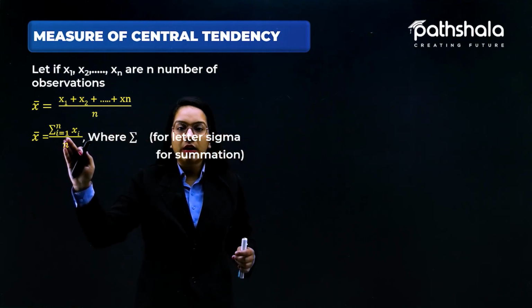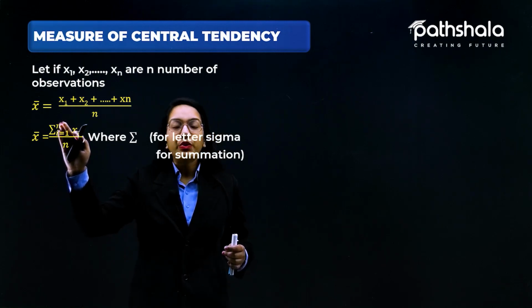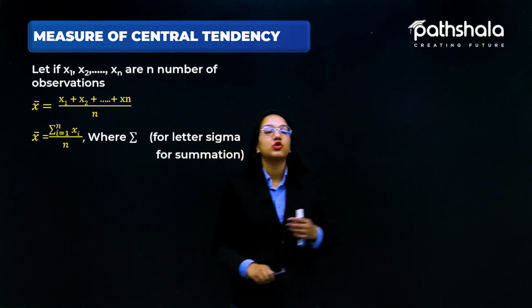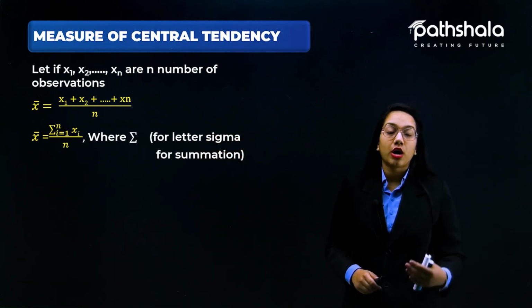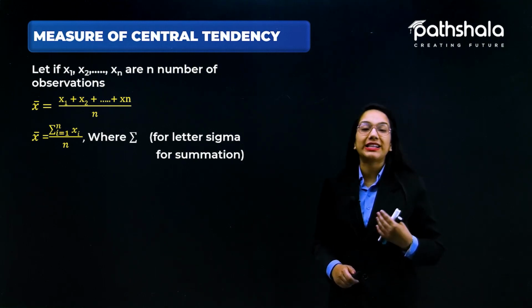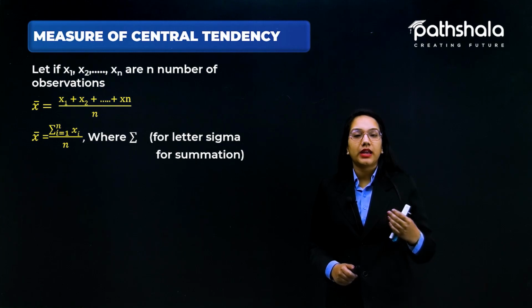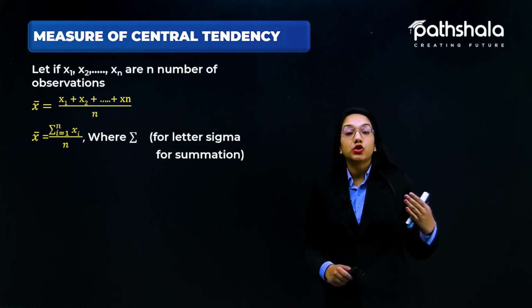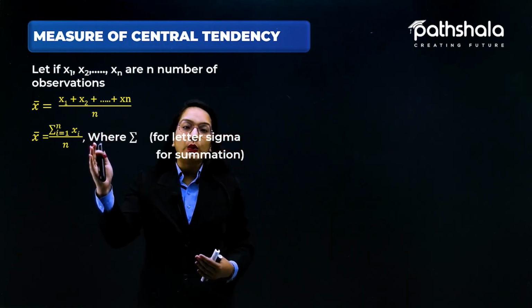So that's why we give it a limit as i from 1 to n, divided by n. This is a new symbol that we have over here. Sigma is the symbol for summation. So whenever we write sigma of xi, it means we are talking about the sum of x1, x2, x3 and so on up to xn. Always remember both of these representations are equal to each other.